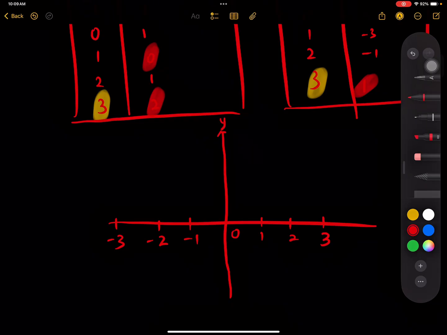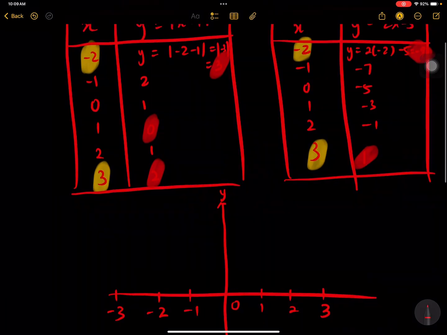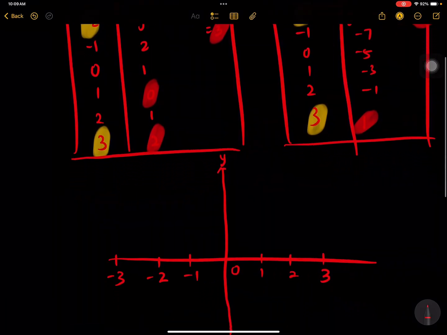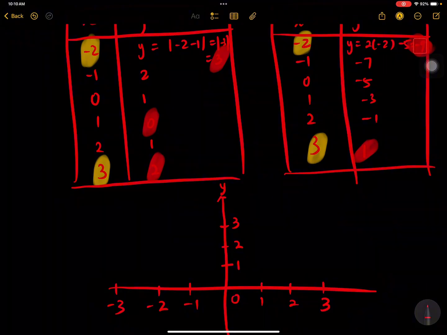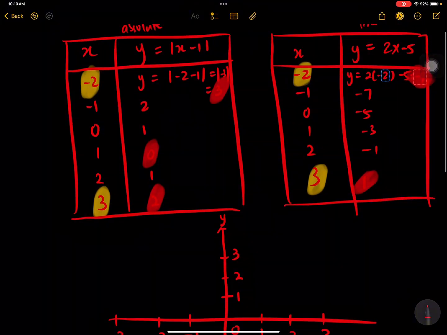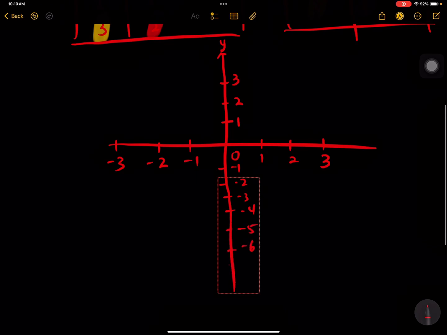For y, you will need a value from 1, 2, 3, and then -1, -2, -3, -4, -5, -6, -7, -8, -9. Okay, so plot one by one.